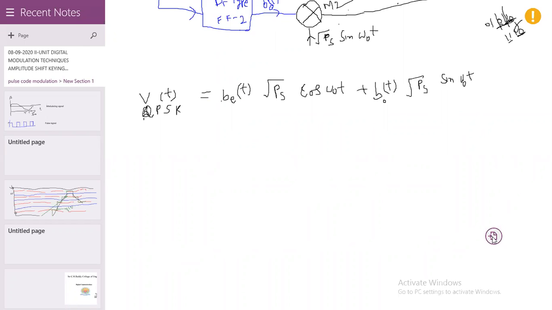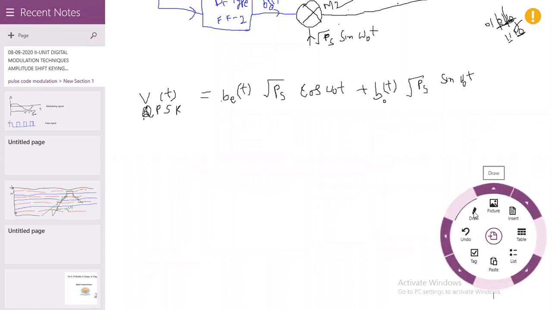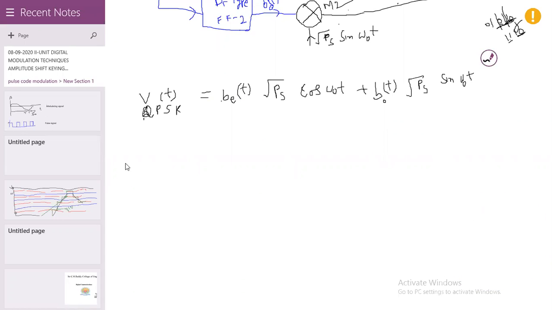First, please note down: graphical representation or phasor diagram of QPSK signal. Please listen carefully.